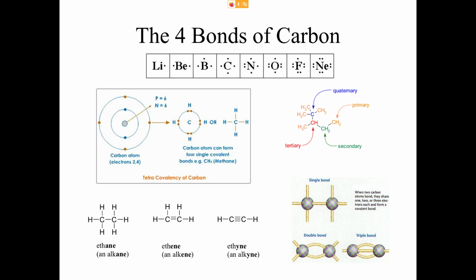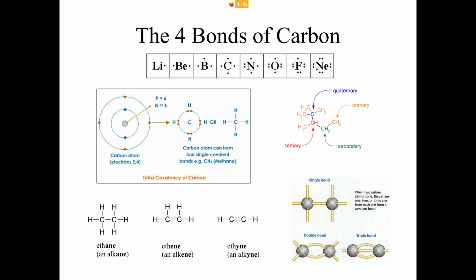It shares 4 of its single electrons with other atoms that are also sharing an electron with it. Nitrogen would make typically 3 bonds, oxygen 2, and fluorine only 1 because it's already at 7. So carbon being at 4 is kind of halfway between being full and empty. It's got room for the most number of bonds that you can make among the elements in this row.